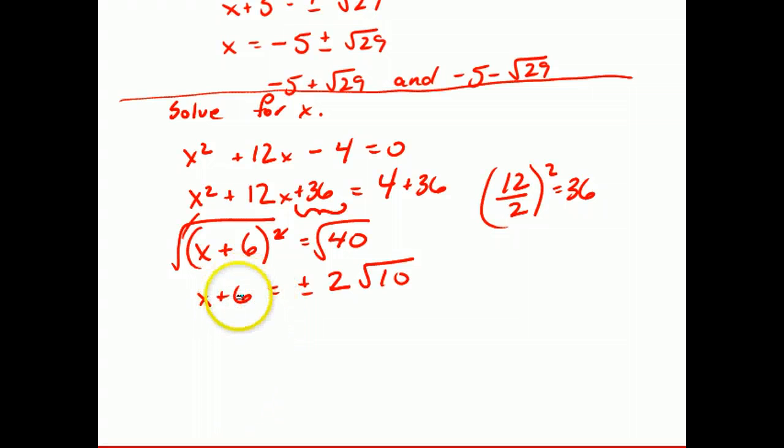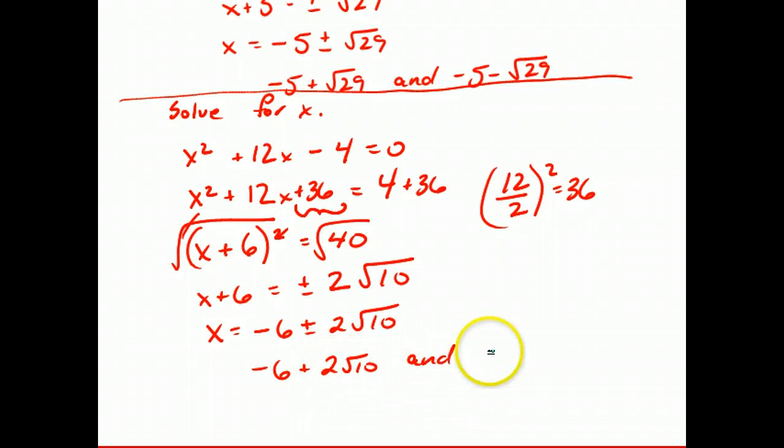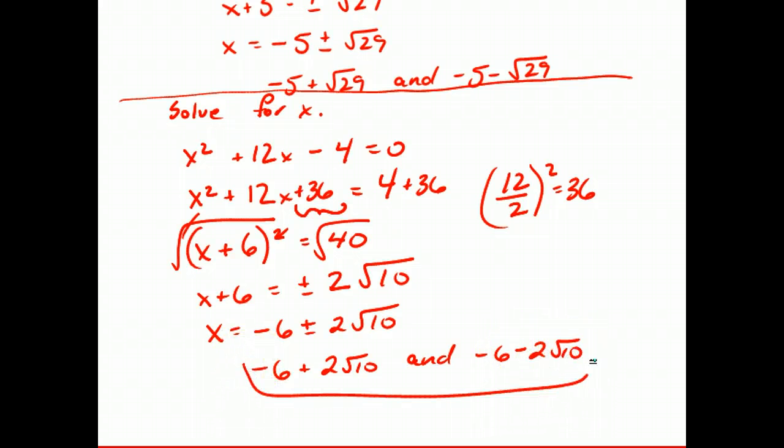And now all I want to do is isolate for x. So x is equal to minus 6 plus or minus 2 roots of 10. Okay, and if I want to write those answers out separately, I can say minus 6 plus 2 roots of 10 and minus 6 minus 2 roots of 10. Okay, and there's your final answer.